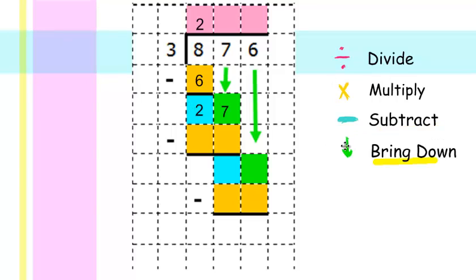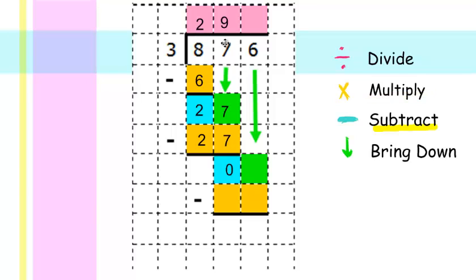Now you start the process all over again with the divide step. 3 goes into 27 9 times. That's the divide step. So now the multiply step is going to be 3 times 9 is 27. There's the multiply step. The next step is to subtract. 27 from 27 yields a 0.